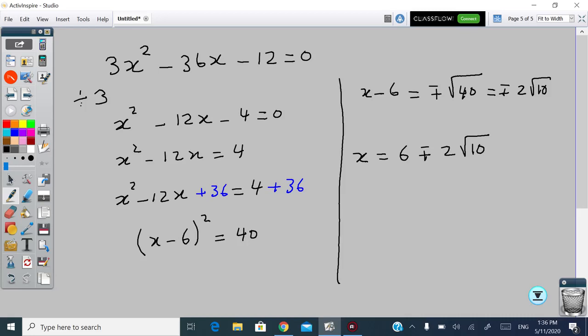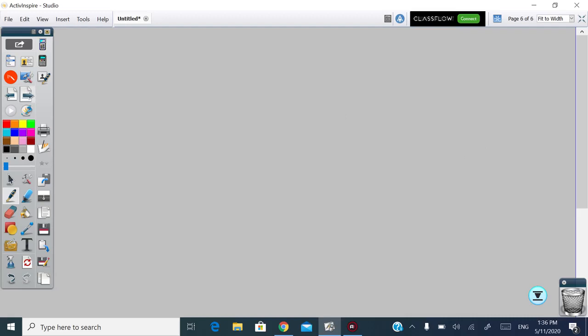One final remark is that you should not be afraid of fractions. For example, 2x squared minus 6x minus 5 is equal to 0.